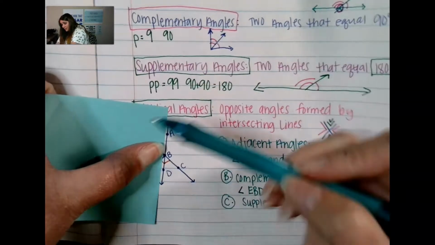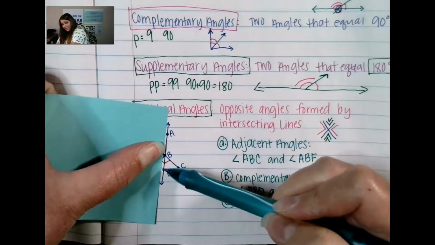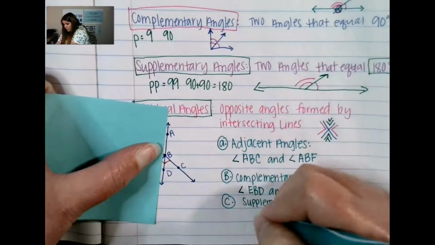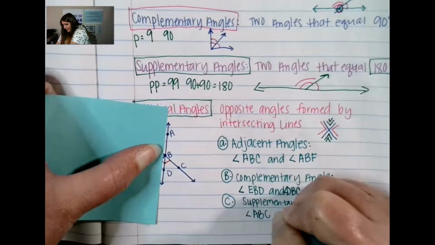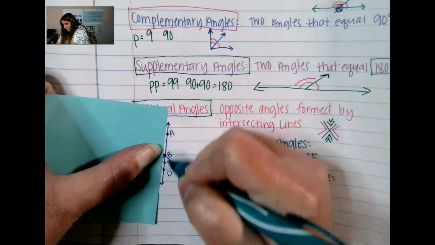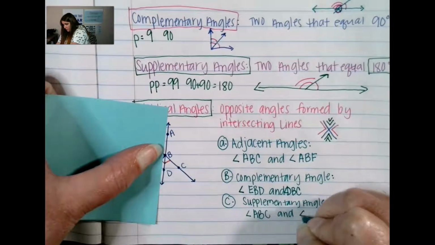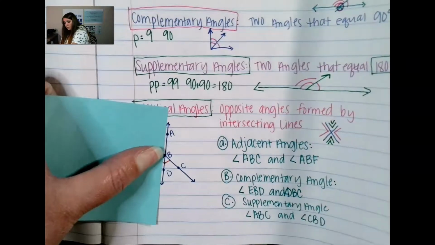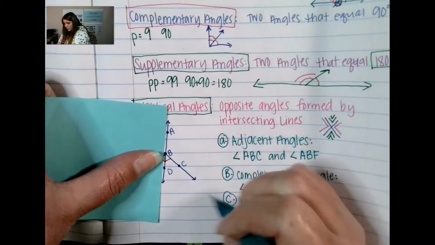I have ABC and I have CBD. We can use that one. So angle ABC, and because it's a straight line, angle CBD. These shapes have more than one type of these angles, okay?